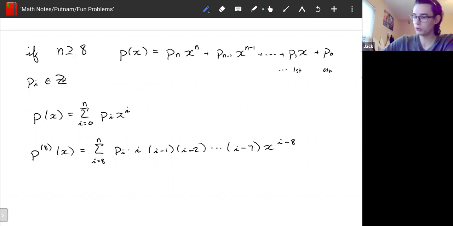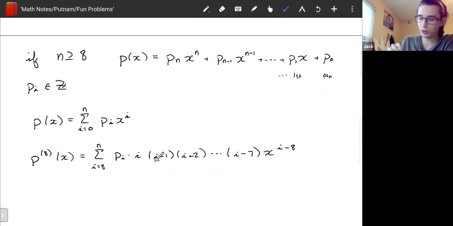So that's what each term is going to look like after we do the 8th derivative on it. And this right here is just the polynomial after taking the 8th derivative.